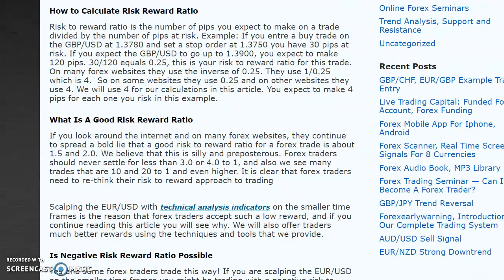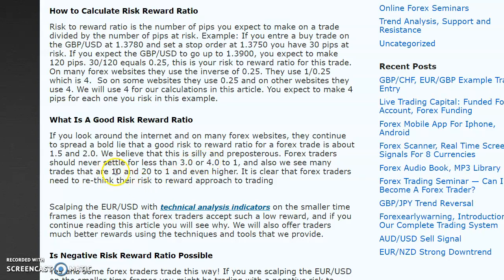Okay, here's where we get started. What is a good risk reward ratio? What's going on in the Forex industry now is pretty bad. There are many articles on risk reward ratio telling you that you should try to make 1.5 to 2 pips for each pip you risk. It's silly, it's ridiculous, and Forex traders should never settle for less than around 4-to-1, where you're trying to make 4 pips for each one you lose.